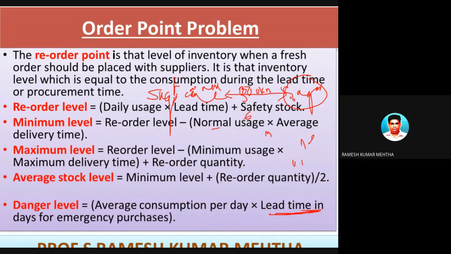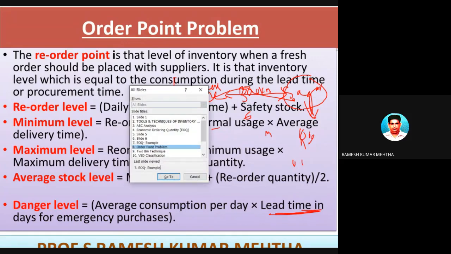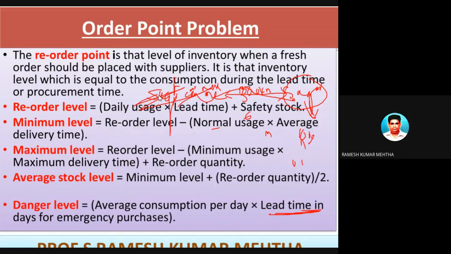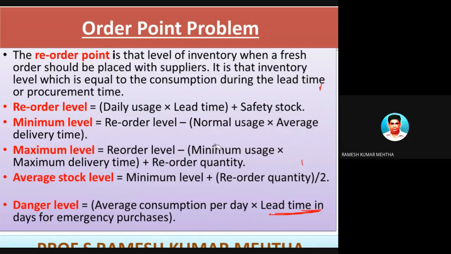So once he orders this many tons of sugarcane, it will take 40 days to get the order fulfilled. This is called lead time. So lead time plays a vital role in deciding how much quantity you have to store in your factory, showroom or storeroom, so that you will not run short of raw material.